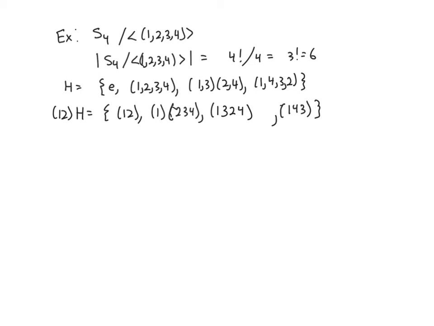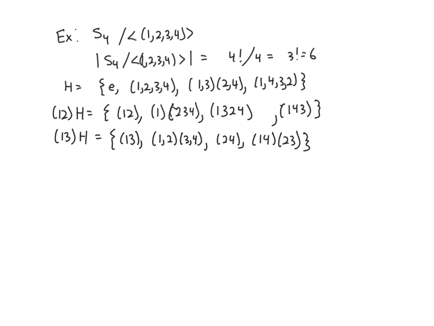I'm going to have to keep track of what elements appear because it's going to take some effort. I notice (1 3) does not appear, so I can try (1 3) as well. If I multiply (1 3) by each of these 4 permutations in H on the left, these are the permutations I'm going to get.